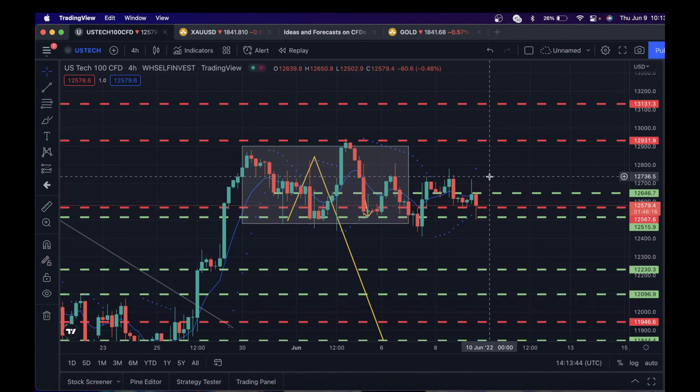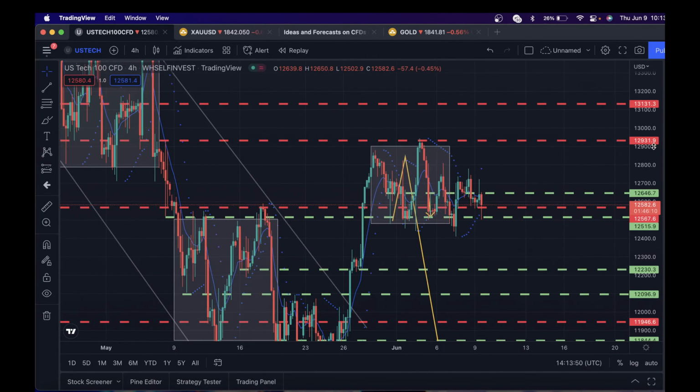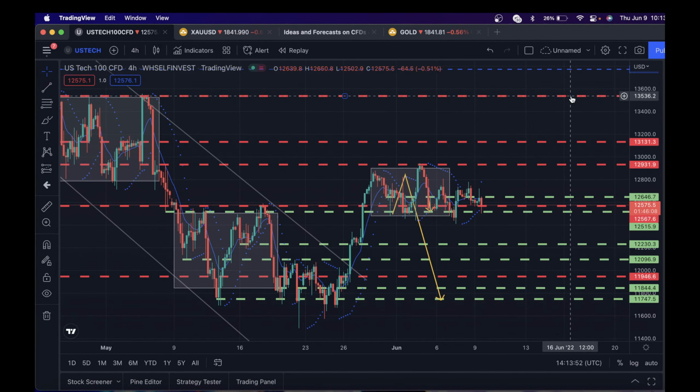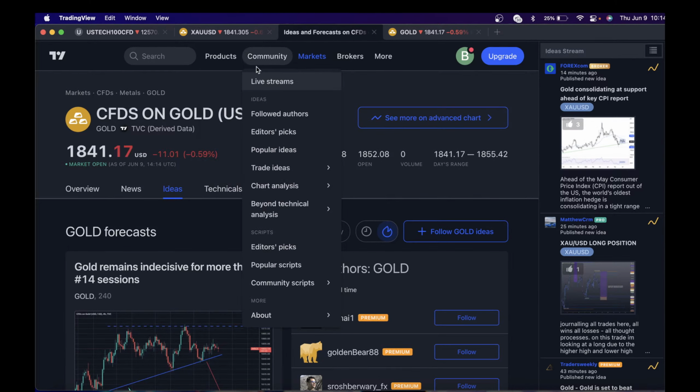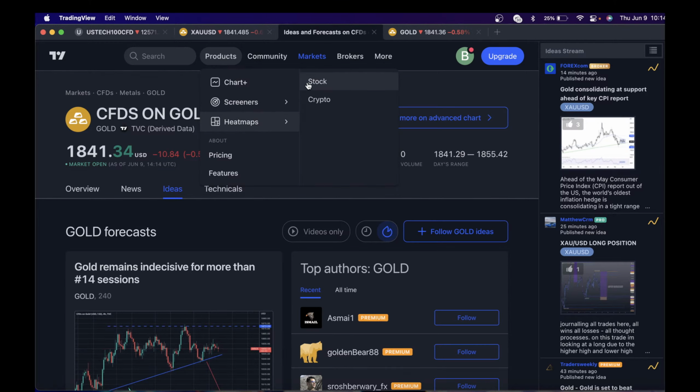If we break this area, we'll go to 900 and 12,130. And if you want to hold long term for the buy, you can look for the target at 13,500. Sorry. So this will be the possible scenario. So let's look at the heat map for the stocks.